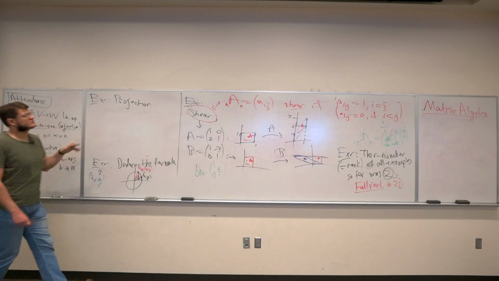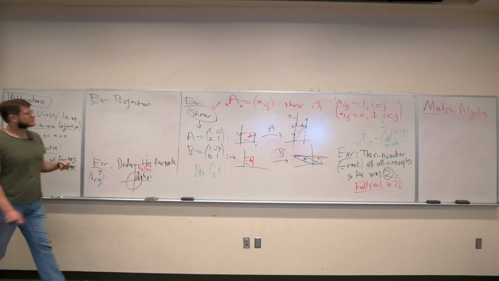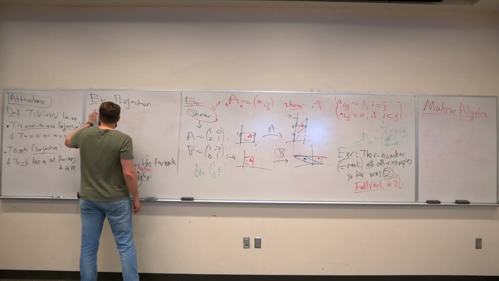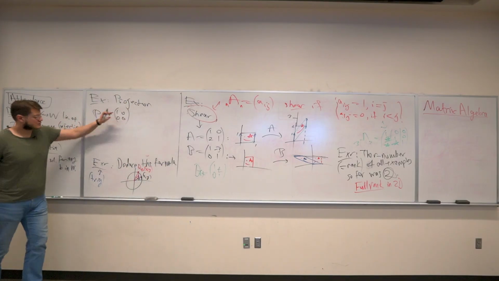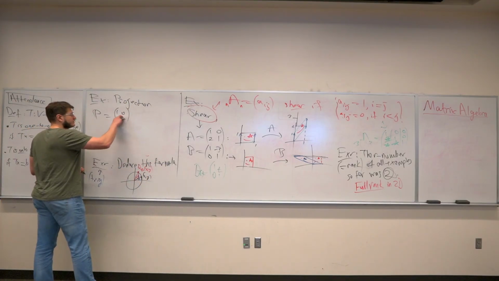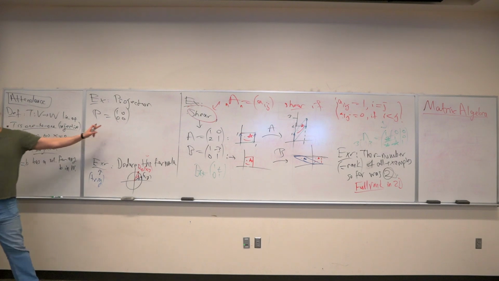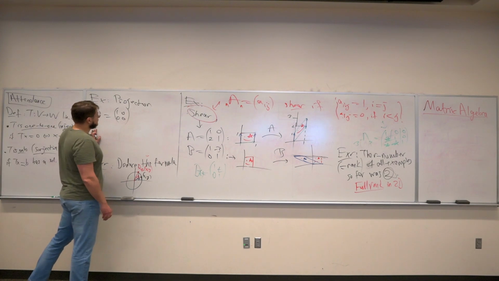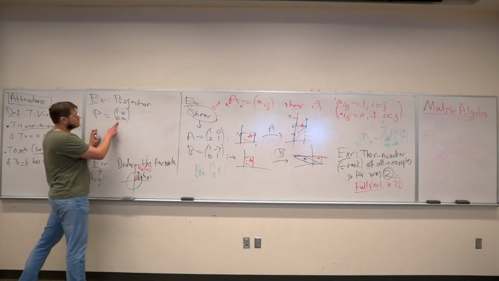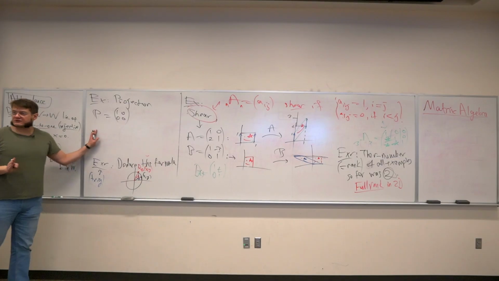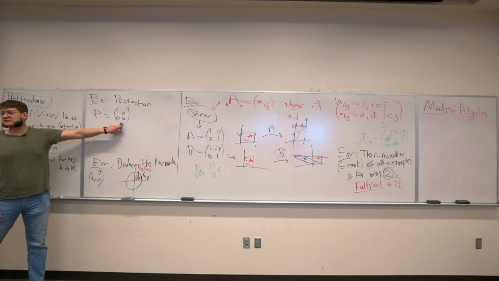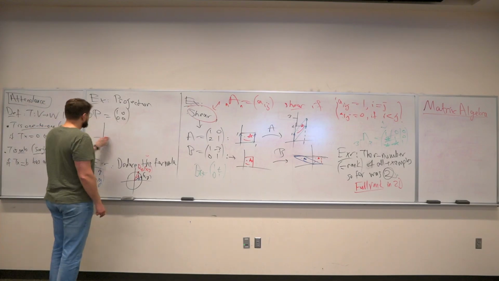You might also hear the word projector. So something like this: P equals 1, 0, 0, 0. This is already in reduced form, as you see, and it has one pivot. The R number of this is 1. It's a different type. When you think about what this is actually doing, it doesn't do anything to the x-coordinates. First column is 1, 0, fixes the x-coordinates, collapses the y-coordinates, sends 0, 1 to 0, 0.